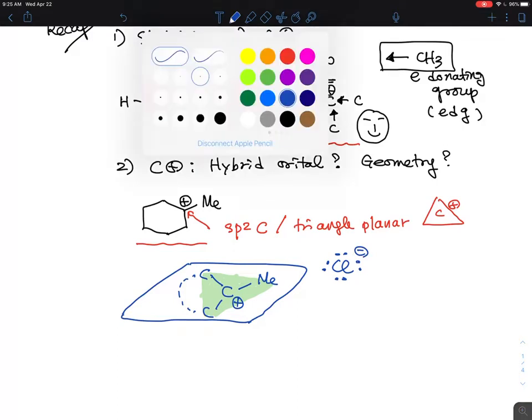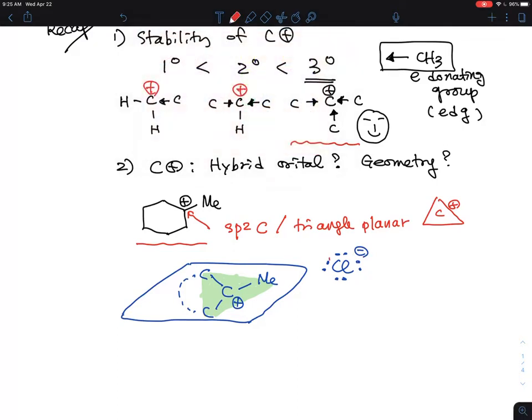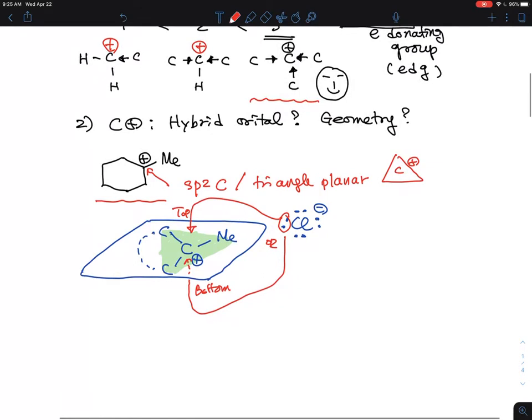And this chlorine has an option whether this lone pair can form the bond from the top, or it can form the bond from the bottom. Okay, so this is a geometrical concept that you can develop. This is a little higher end, but I'm sure that some of the difficult questions require this understanding.